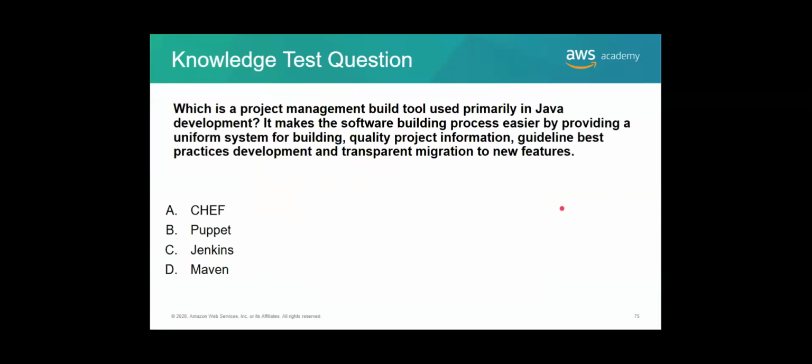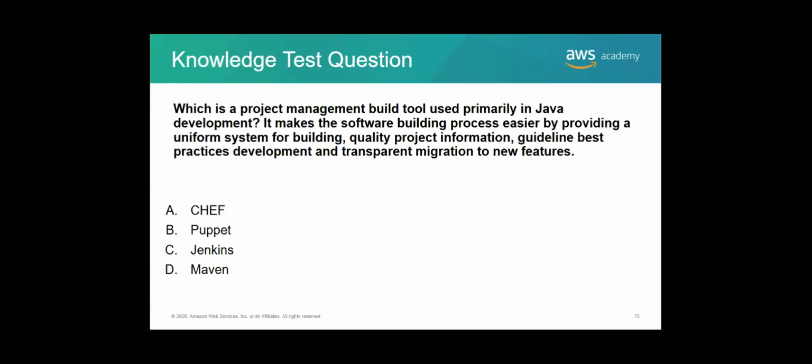Now, coming to the knowledge check: which is the project management and build tool used primarily in Java development? It makes the software building process easier by providing a uniform system for building, quality project information, guidelines, best practices, and transparent migration to new features. Which one? Jenkins?